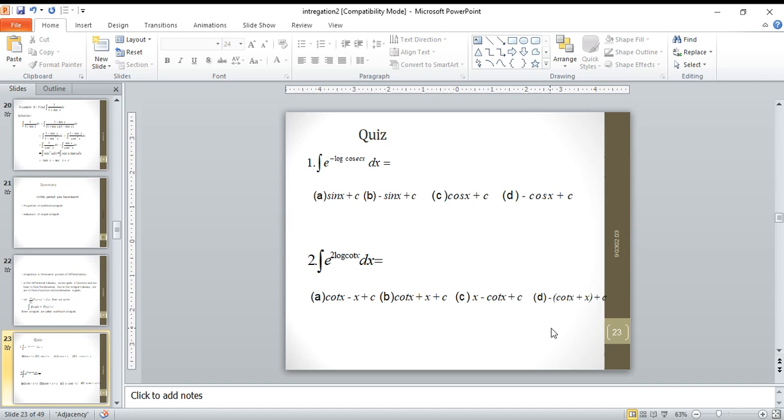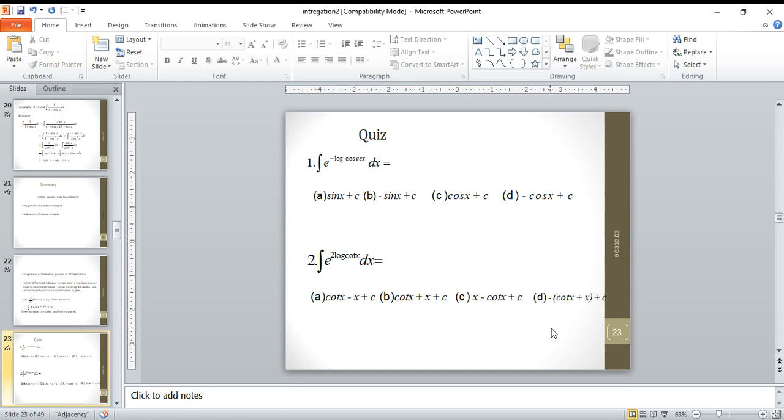Next, integration e power 2 log cot x dx. Take out the 2 into the power of cot x. 2 log cot x is log of cot square x. Here e and log cancel, leaving cot square x.